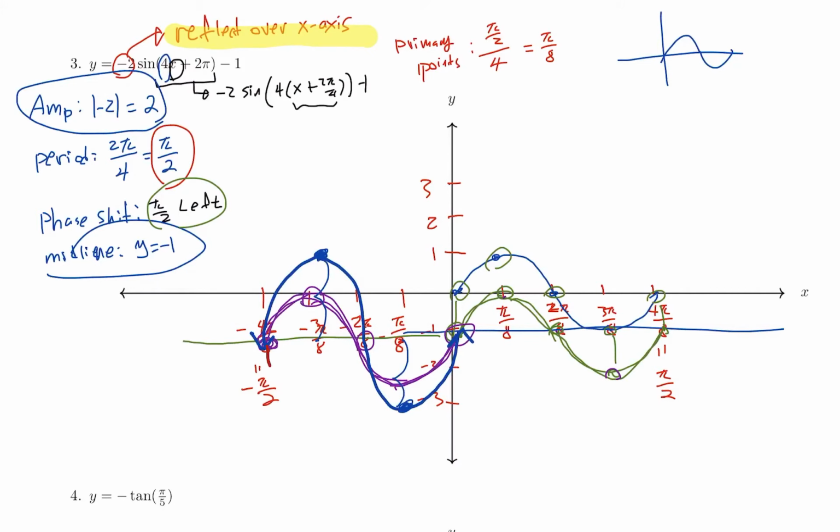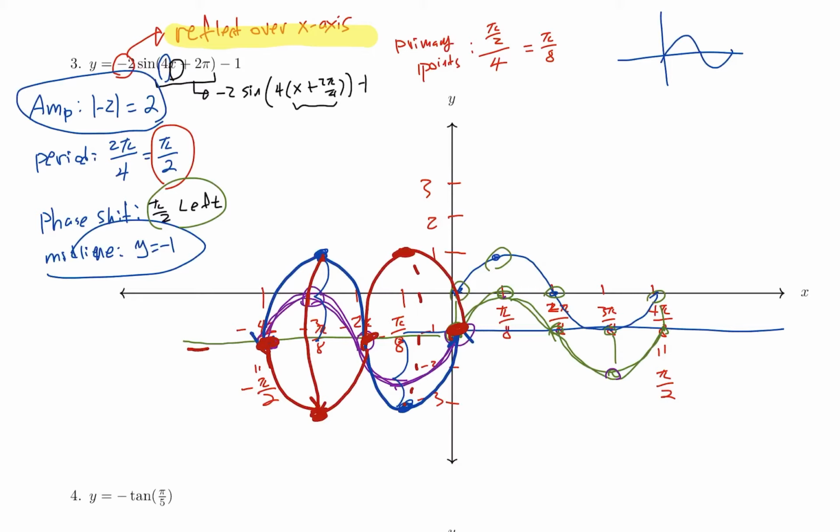So reflect just means that this point becomes negative. We will reflect over this line right here, because y equals -1 is behaving like the x-axis. So this point stays the same. This one becomes right here. This one now goes to here. This one stays the same.